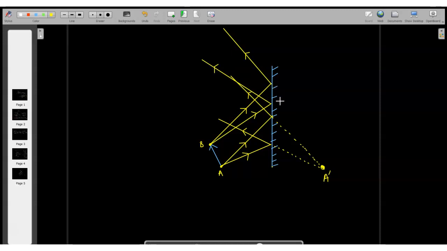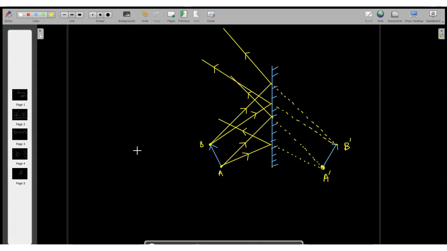Now again, if you produce them backward, just produce them backward. So at this point, B dash, the image of B is formed.